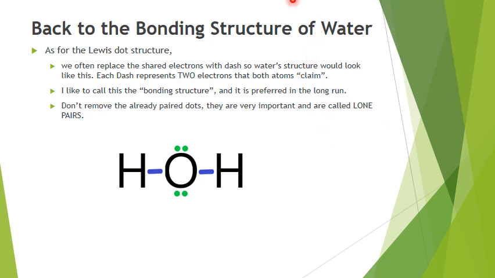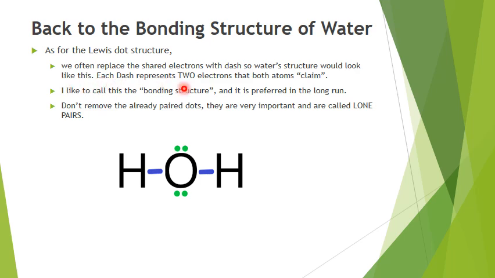Okay, so what we're going to do now is continue talking about water. So we had the Lewis dot structure, where the holes are filled up, so the bonds are where both atoms can claim that they own the electrons.